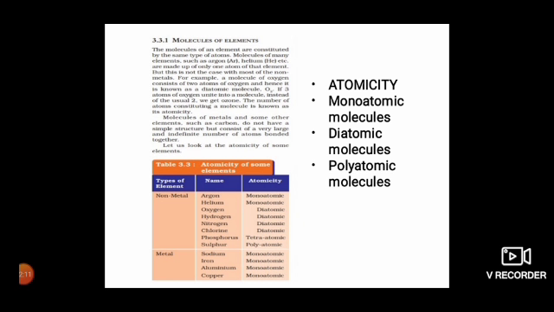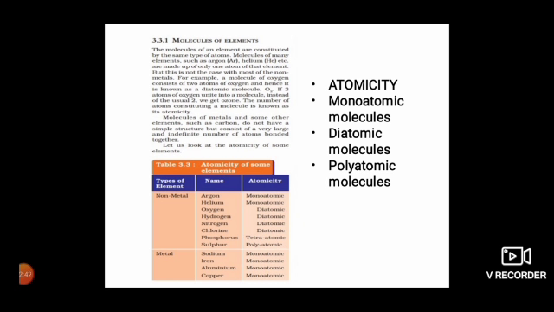Now, what is monoatomic, diatomic, polyatomic? Monoatomic: suppose the molecule contains only one atom, then that is a monoatomic molecule, and the atomicity of that molecule is 1. For example, argon, helium, etc. Argon exists as a molecule in a single atomic state itself.